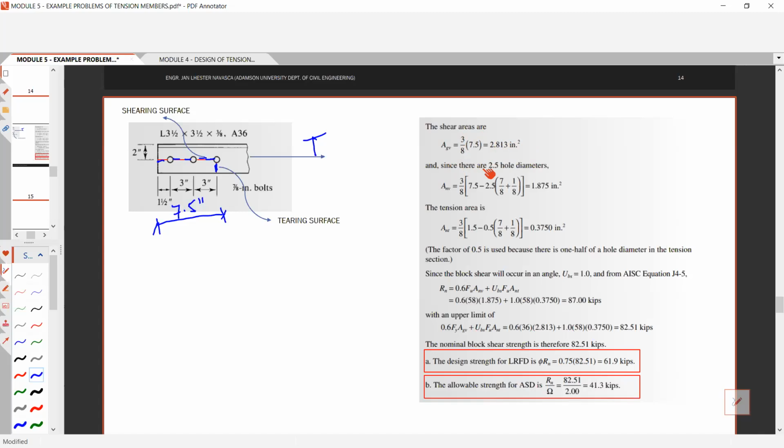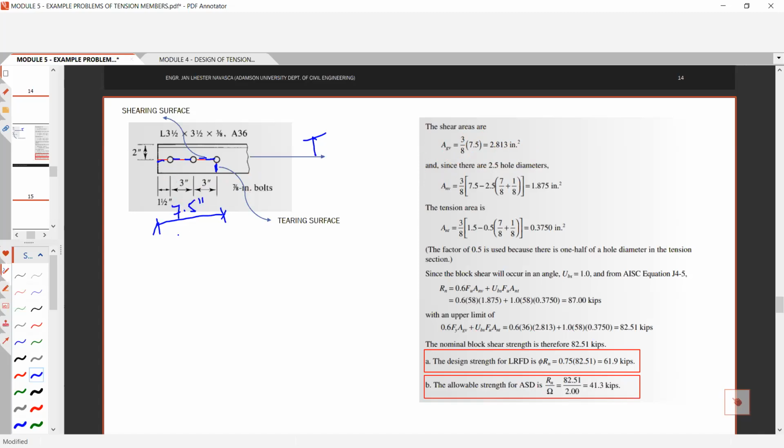Since there are 2.5 holes, you need to remove the 2.5 holes in the AGV.